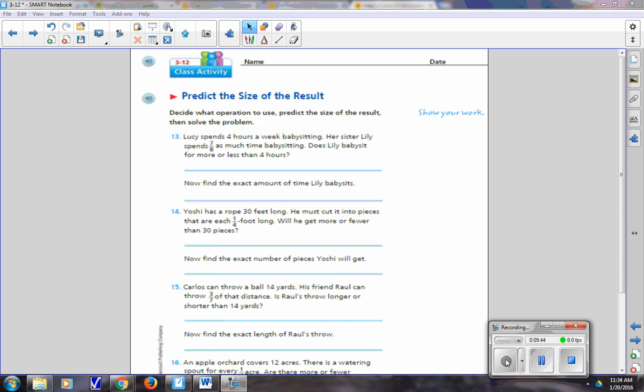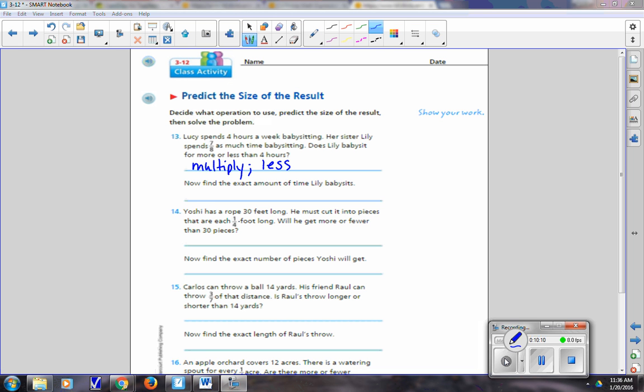We're going to read number 13. Lucy spends 4 hours a week babysitting. Her sister Lily spends 7/8 as much time babysitting. Does Lily babysit for more or less than 4 hours? Oh, I should have said that. Hold on.